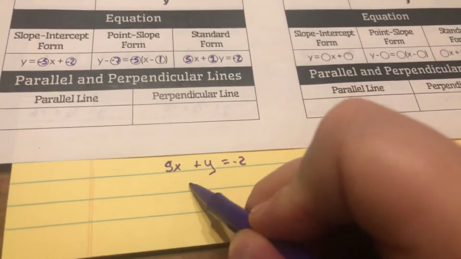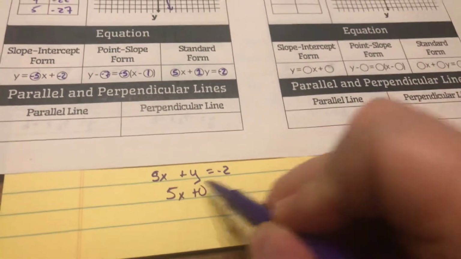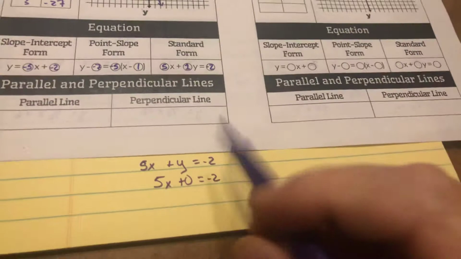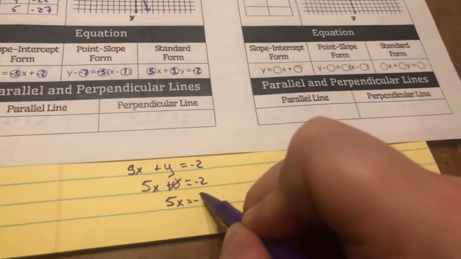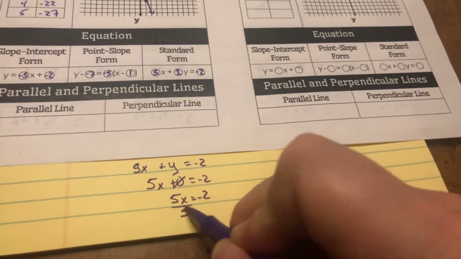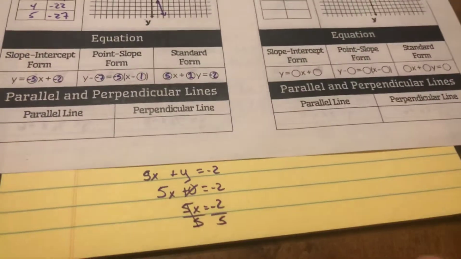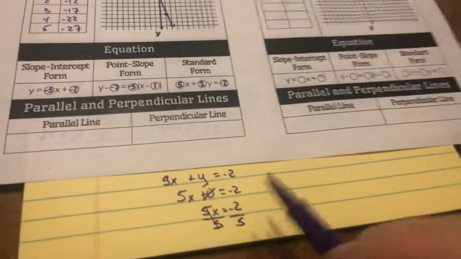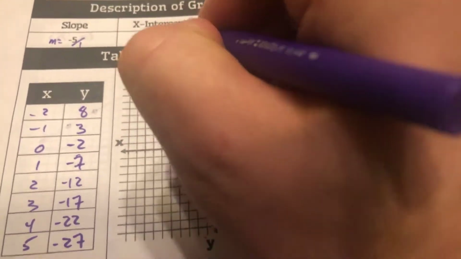Plug in a 0 here. 5x plus 0 equals -2. Cancels. 5x equals -2. Divide by 5. X equals -2/5. Okay, so your x-intercept, your x value is negative 2/5, comma, 0 for your y.